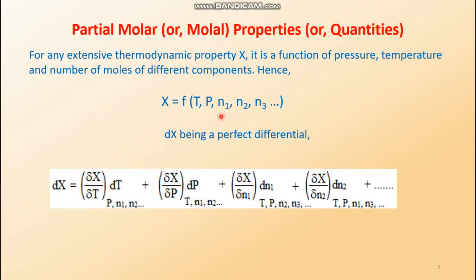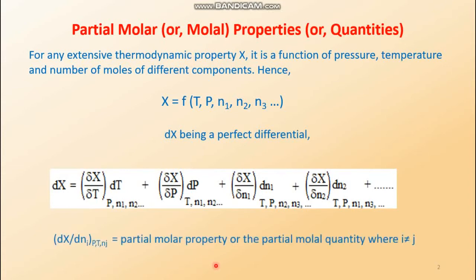So all these functions, any one will vary and others will remain constant. This way, when the overall changes are summed up, the value of dX can be obtained. So here, del X by del ni into dni at constant temperature, pressure, and nj.